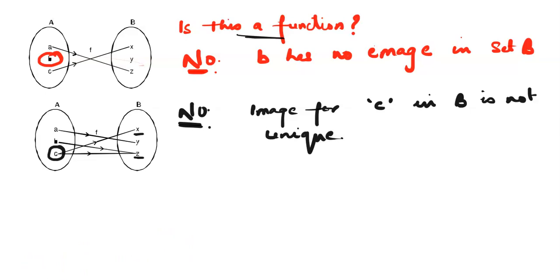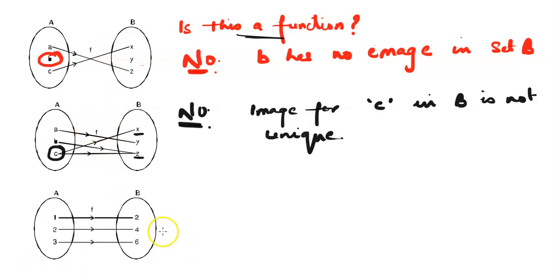Let's take a third example. Again, the question remains the same. Is this a function? So you have set A, which has three elements, 1, 2, 3, and each element has some image in set B, and all of those images are unique. So the answer is yes.